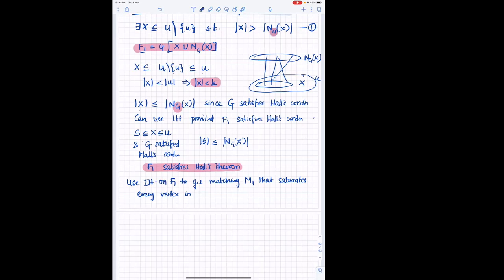What is the resulting matching that you obtain? You obtain a matching M1. What does it saturate? It saturates X, right? Is this clear to everybody? This is really important. You wanted to find a matching that saturates U, but you have found a matching that saturates X.